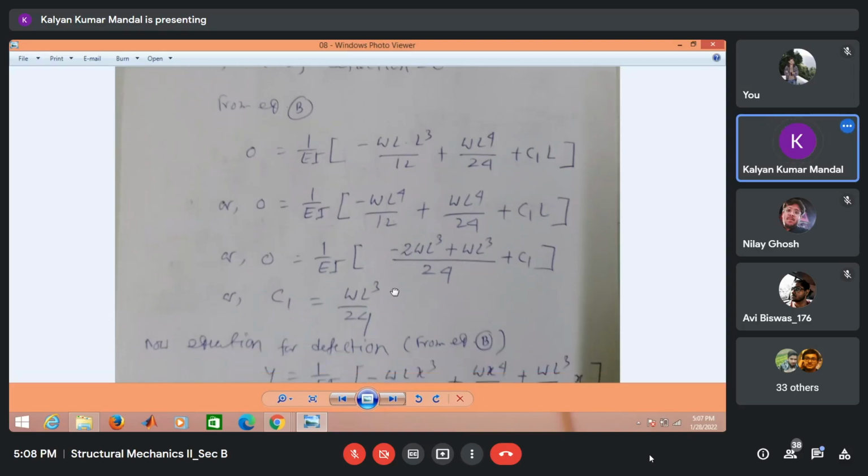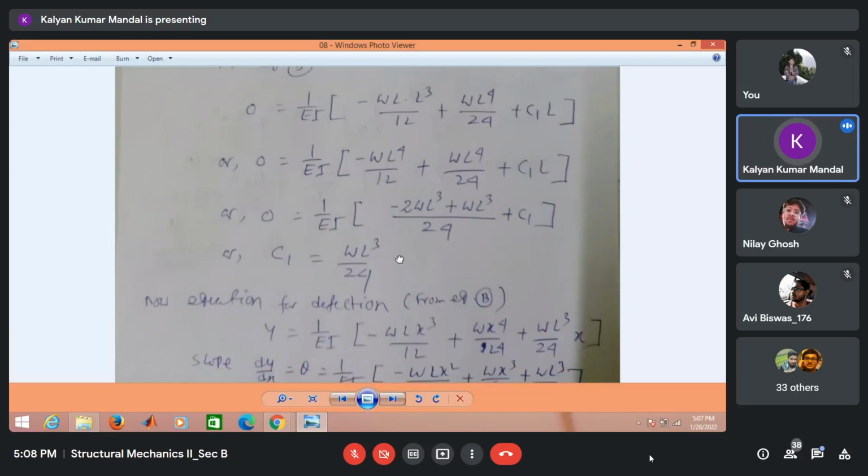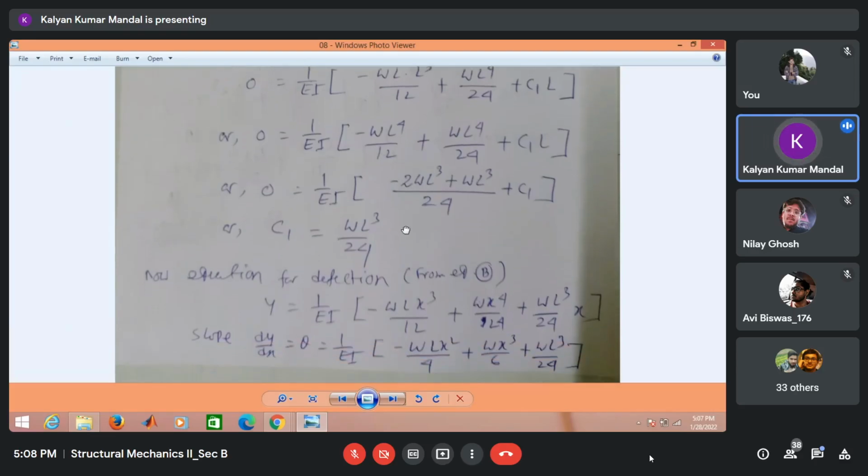If we put the value of C1 and C2 in equation B and equation A, we get the equation for the deflection as well as the equation for the slope. Putting C2 equal to 0 and C1 equal to wL cubed divided by 24, we get the equation for the deflection from equation B as 1 by EI times minus wLx cubed divided by 12 plus wx to the power 4 divided by 24 plus wL cubed divided by 24 x.